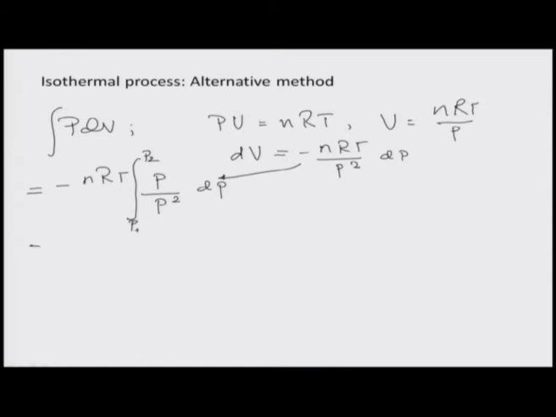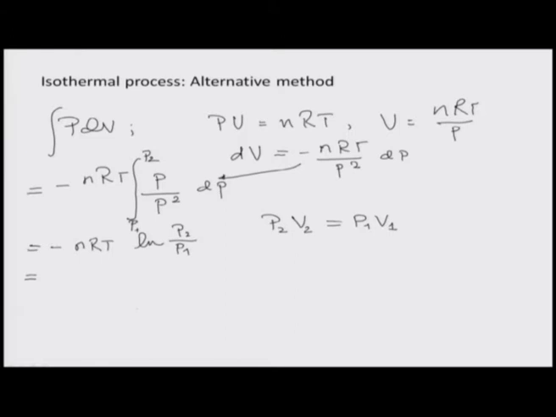So what you are getting is nRT log of, if we integrate, 1 over P, log of P2 by P1. Now P2 V2 is equal to P1 V1.